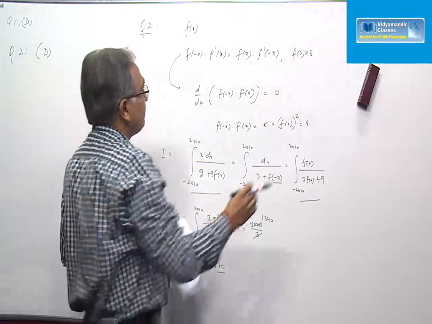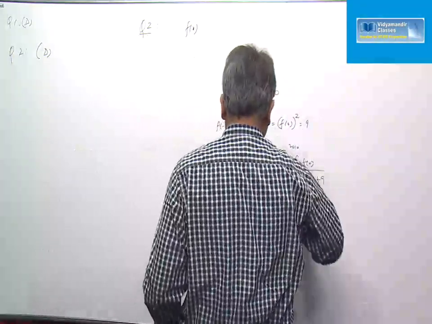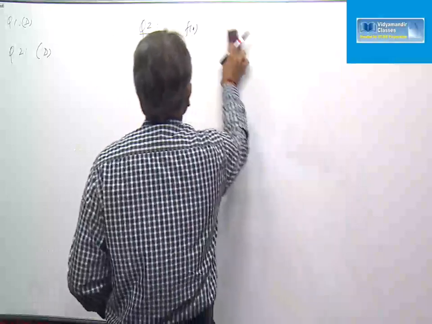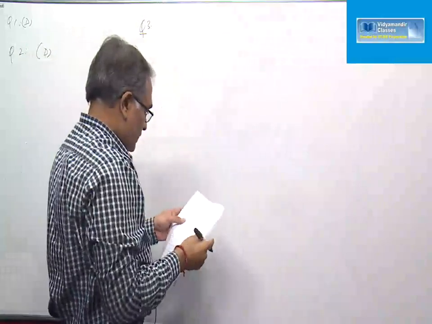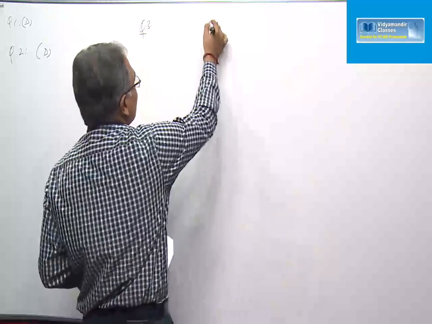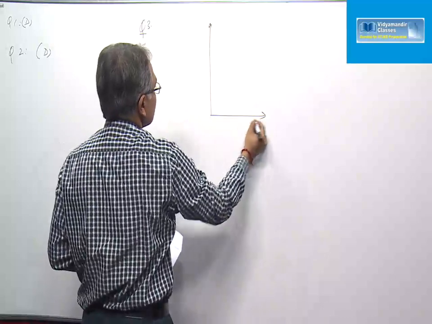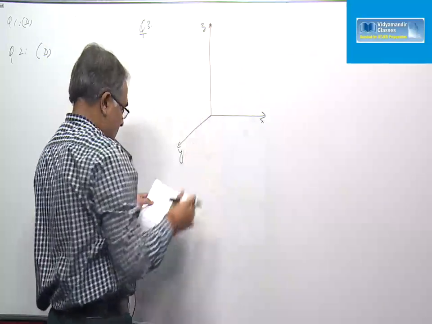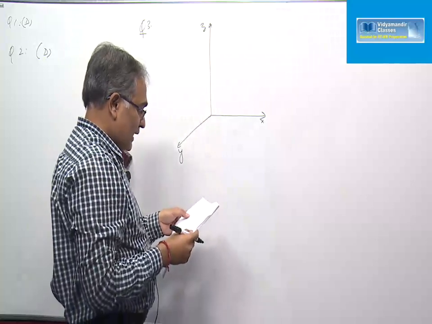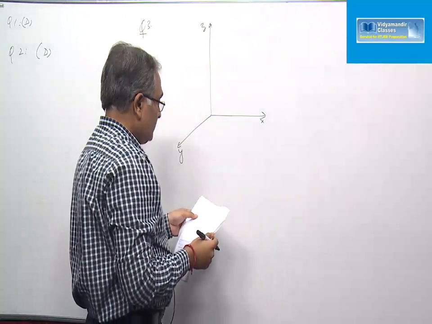Question 3. It says if the z-axis is vertical, the equation of the line of greatest slope through (2, -1, 0) on the plane.